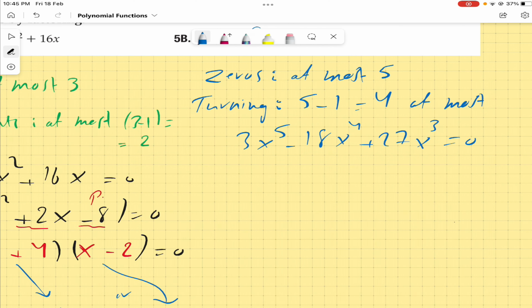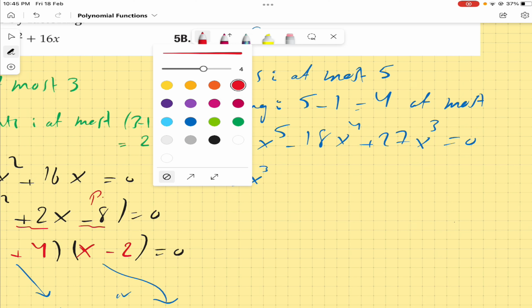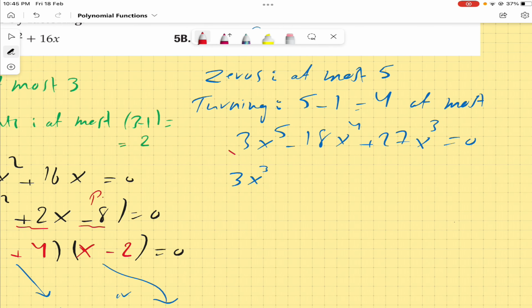Also, we're gonna think about greatest common factor. The greatest common factor is 3x to the power 3. Three and 18 and 27, they divide by 3.